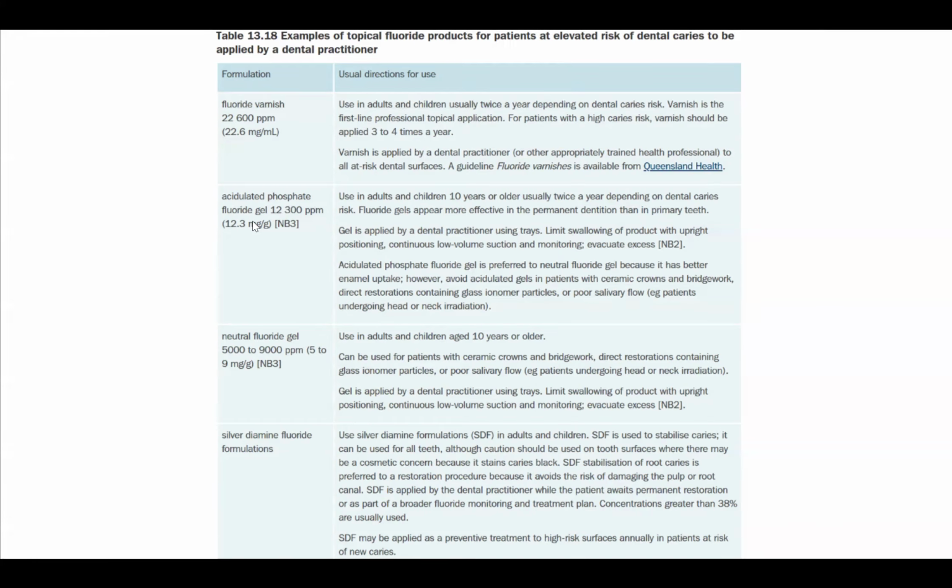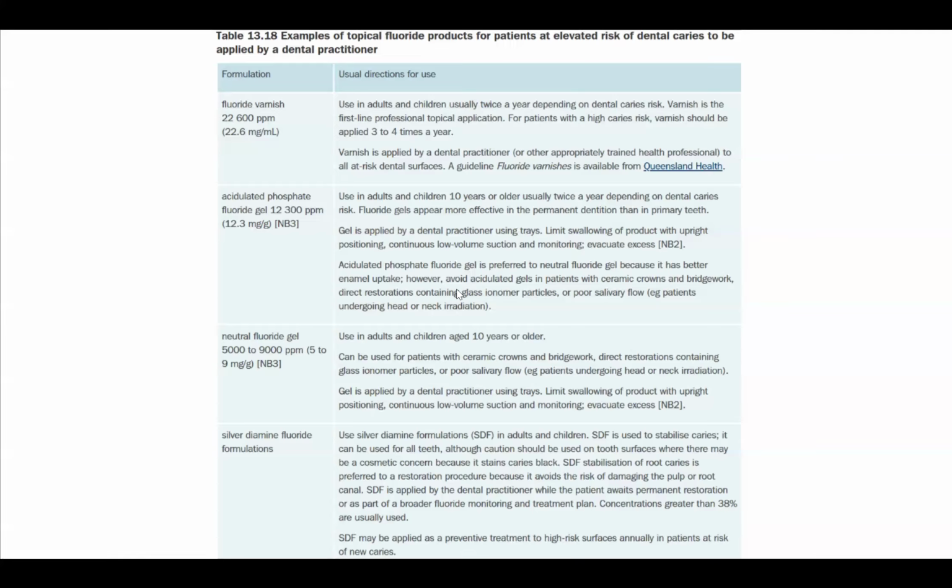APF is another topical fluoride which can be used, but it is only used in children more than the age of 10. And gels are more effective in permanent dentition than in primary teeth. So we have gel like APF gel, which is applied by dental practitioners using trays.